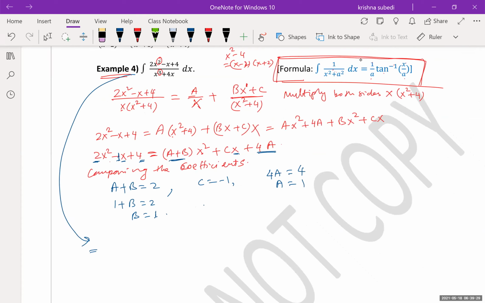Here the only difference is that when the factor is quadratic but non-reducible, instead of b, you need to write bx plus c. You need to write a linear factor on the top. That's one thing you need to remember. This is the main thing for this one.